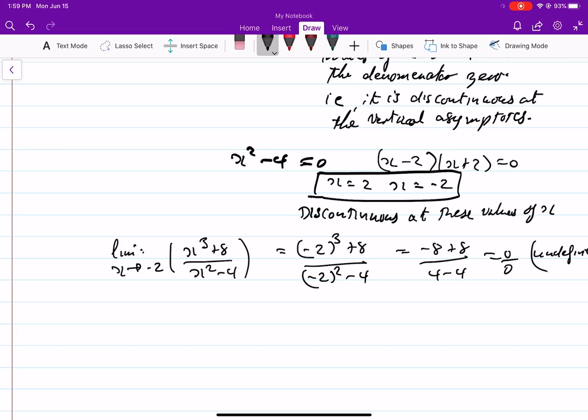So this becomes the limit as x approaches -2. We've got to factorize the numerator. That's the sum of two cubes.